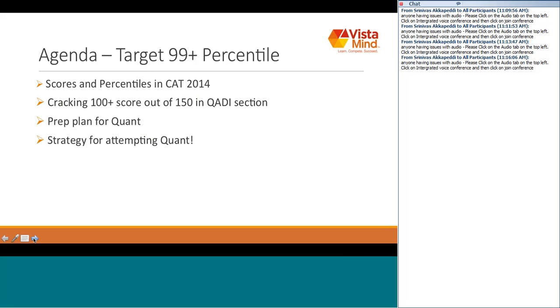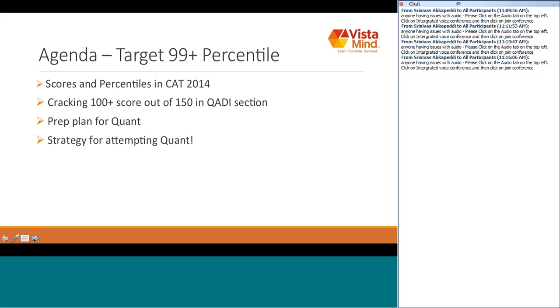You may know everything about every question that you can attempt in quant. But if your way of writing the exam is wrong, if your attempting of the exam is wrong, you will not make it.